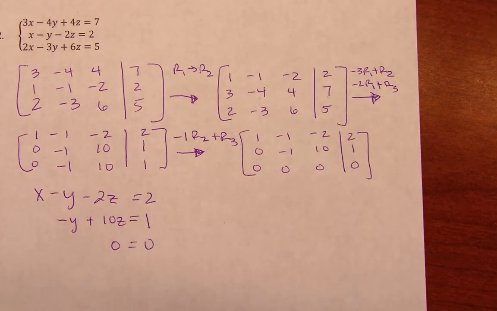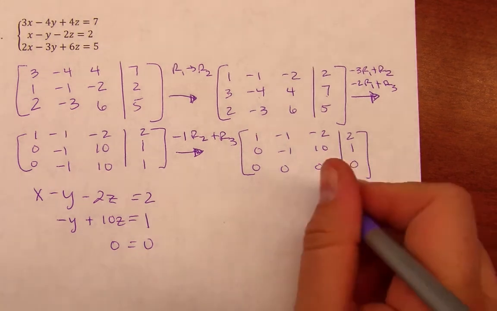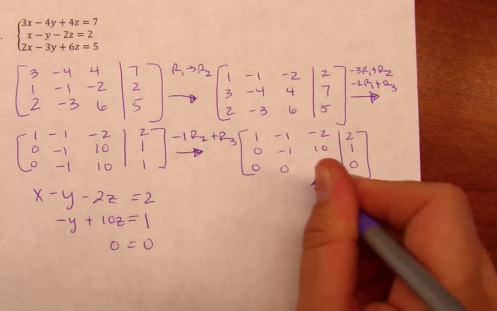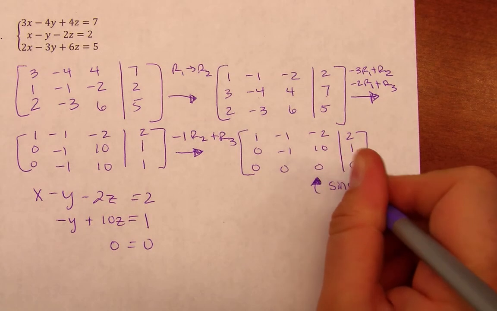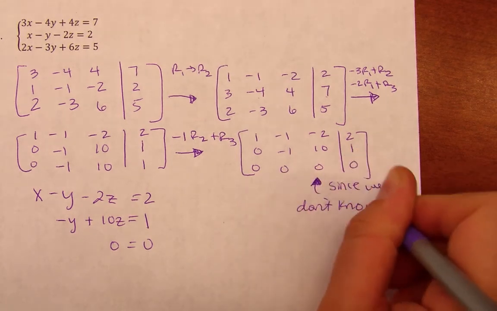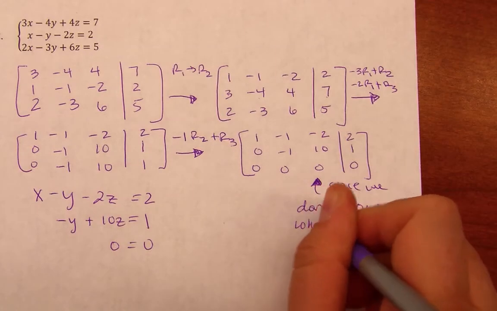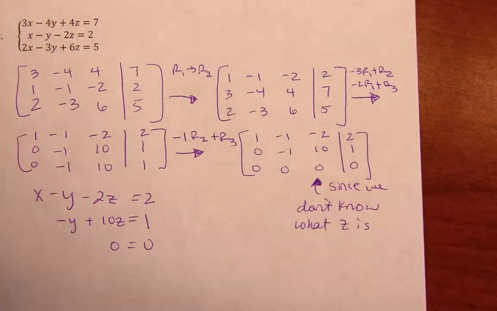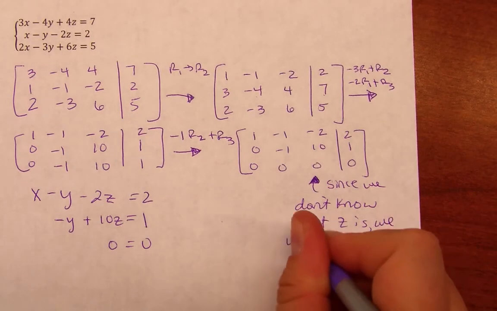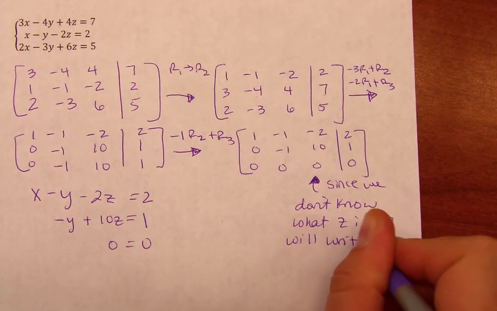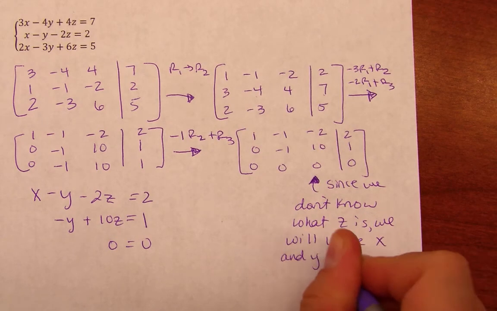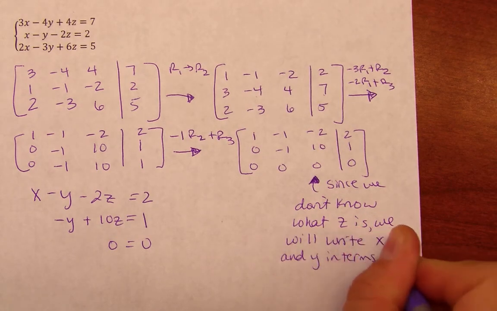Okay. Now, since we don't know what z is, this is a 0 right here. I'm actually going to write this out for you guys. So since we don't know what z is, we will write x and y in terms of z.